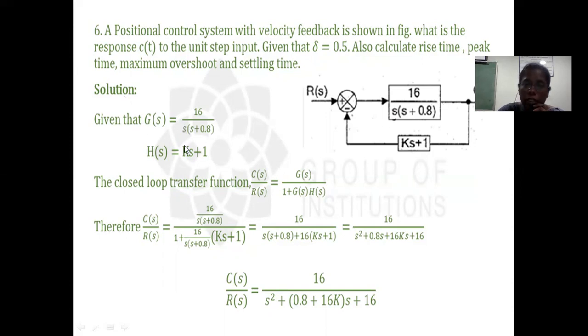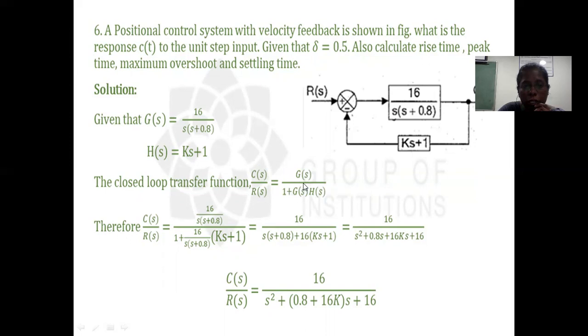Now, to get the closed loop transfer function, we know that the transfer function is the Laplace transform of output by Laplace transform of input, that is C of S by R of S. For the closed loop transfer function, it is G by 1 plus GH. So the formula is G of S by 1 plus G of S into H of S. G of S is given as 16 by S into S plus 0.8, and H of S is given as Ks plus 1.